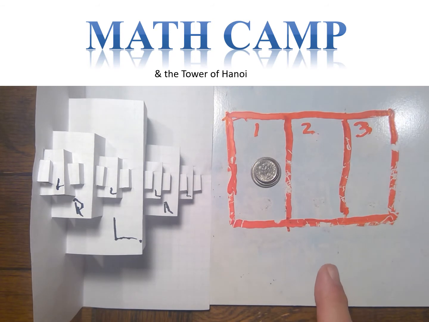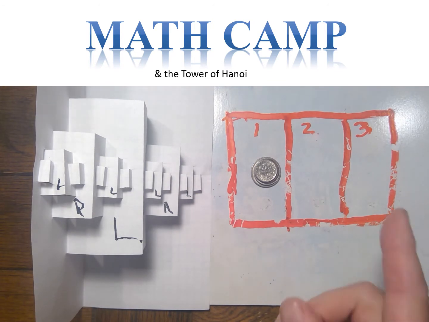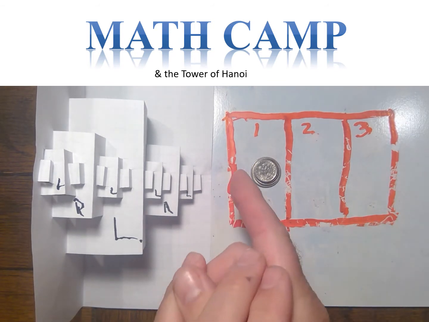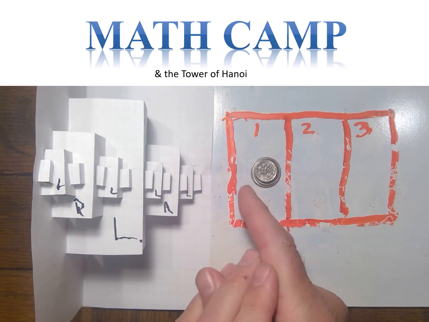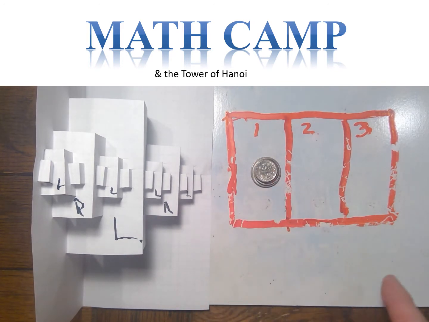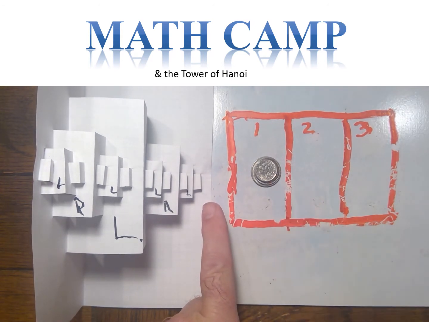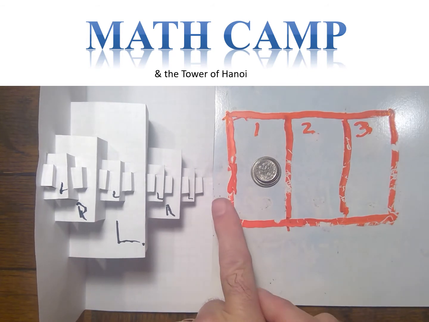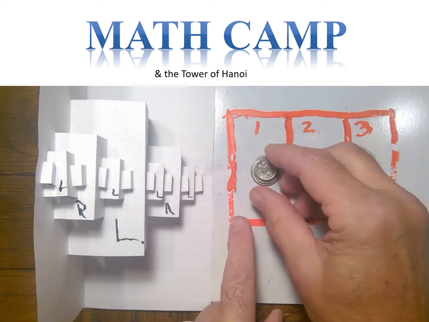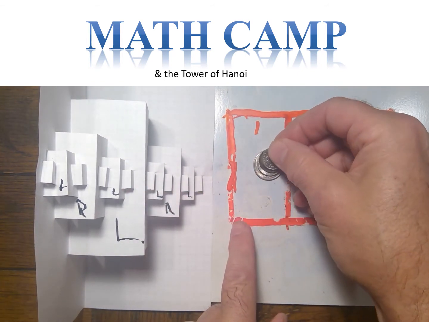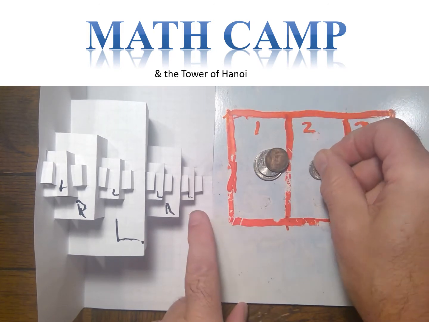Whenever I have to go right and I'm at the end, I just wrap around. Or when I have to go left and I'm at the end, I'm going to wrap around. Okay, so we're really talking about clockwise and counterclockwise. Okay, smallest step is the smallest coin. It's the dime. And it's always going to have an R on it. It's always going to go to the right.